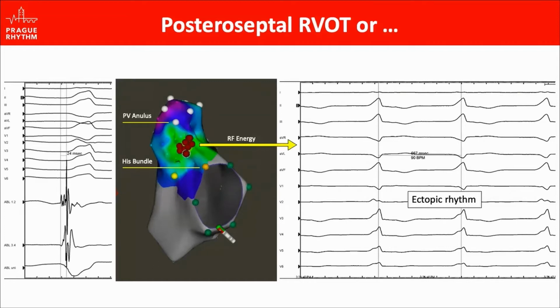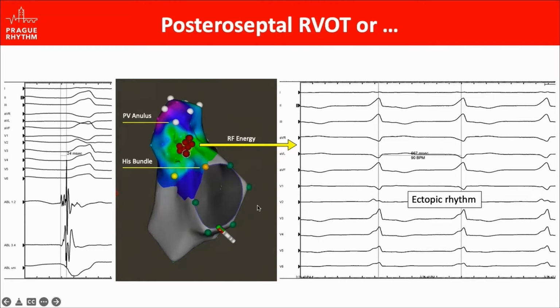Here we have a patient with frequent PVCs with RVOT morphology, where we started mapping, and in the posteroseptal region of the RVOT, just below the annulus, we found this very nice signal with very nice prematurity.